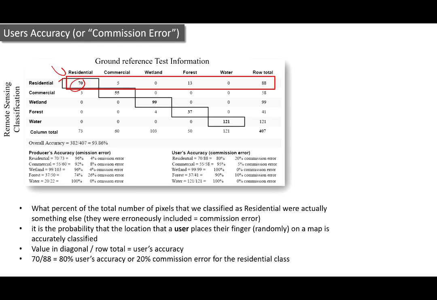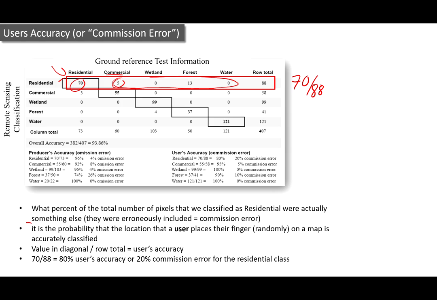If we flip this around, commercial missed 5 pixels that were mapped as residential. So the bigger these numbers are, the more crazy over mapping the residential class can become, which is a problem in its own right. So how much commission error is here? Well, 70 over 88 is going to give you that user's accuracy.